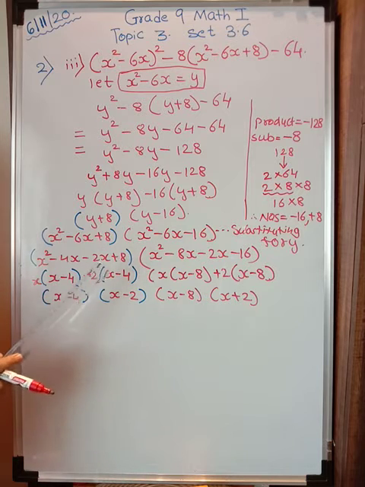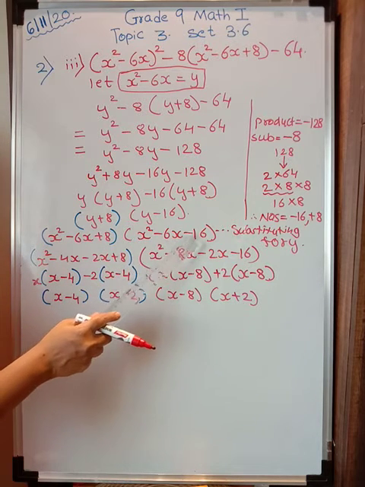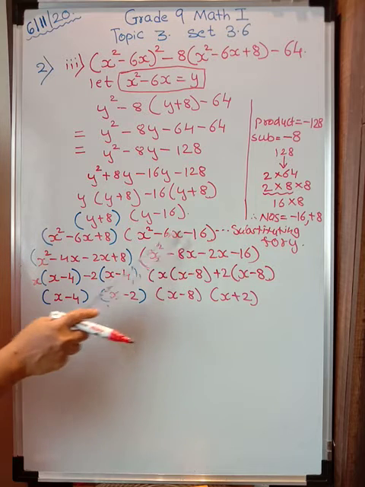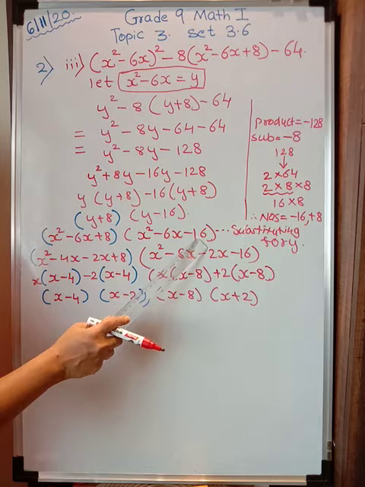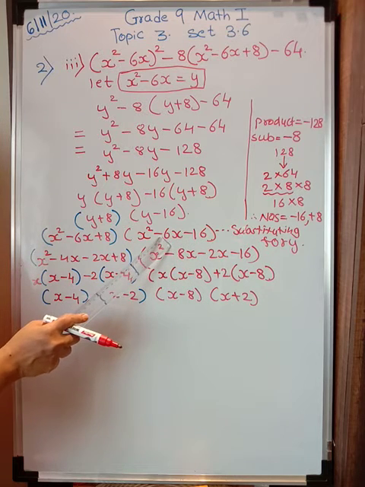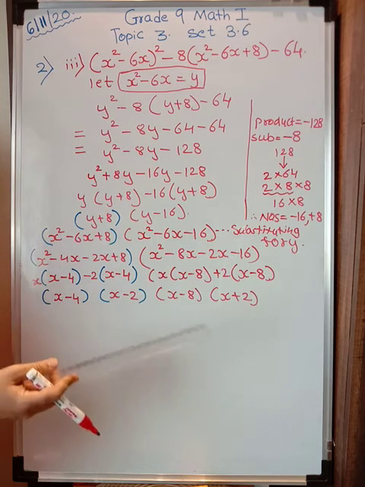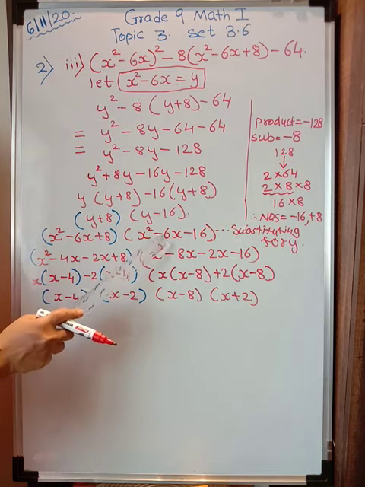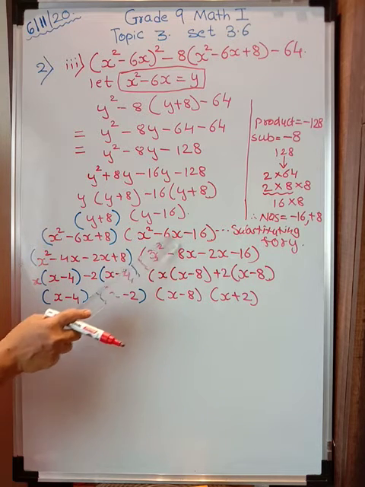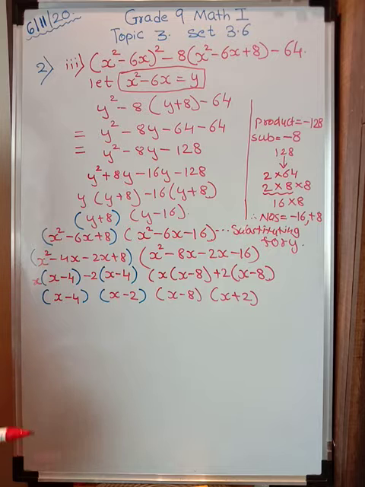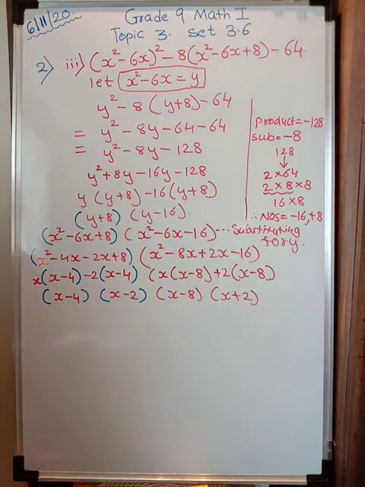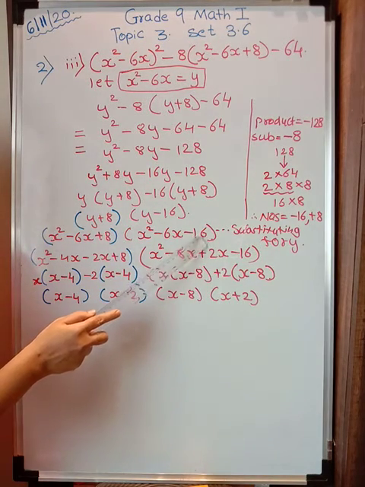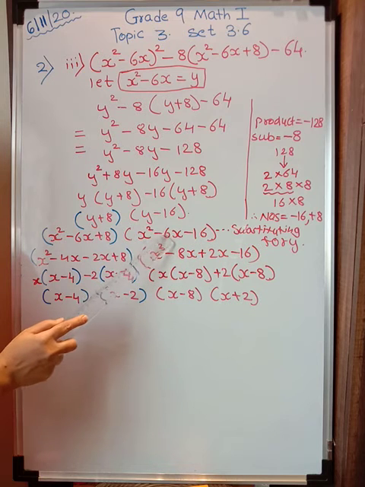Now come to this bracket: x square minus 6x minus 16. Again we can factorize this. Tell me two numbers whose product is minus 16 and whose subtraction is minus 6.